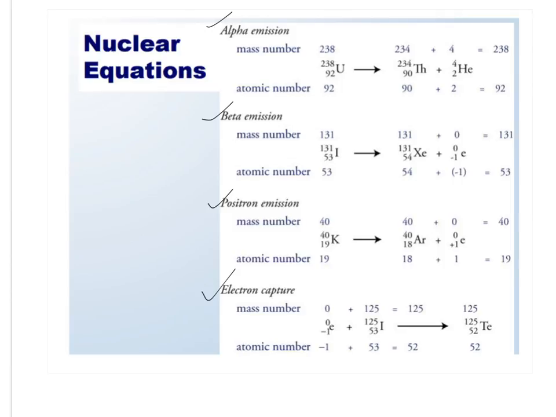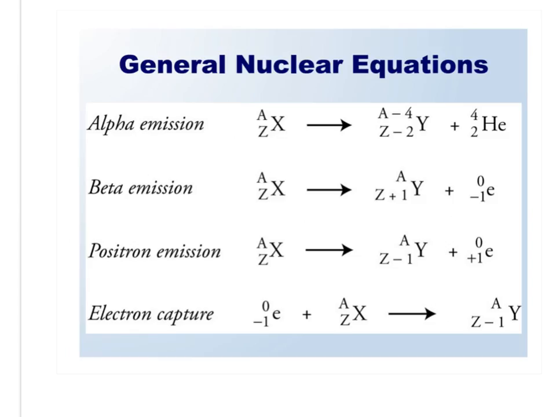Alpha emission, again, you know it's an alpha emission because of the helium atom. That's an alpha particle. Beta emission, you have a negatively charged electron. Positron emission, positively charged electron. And electron capture, the electron is on the reactant side.